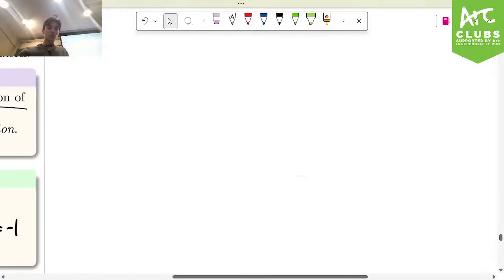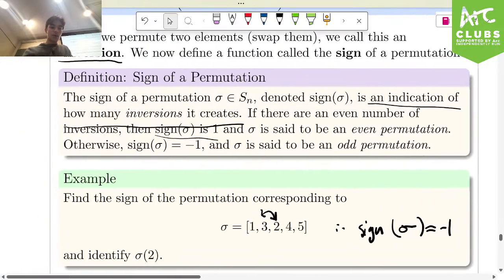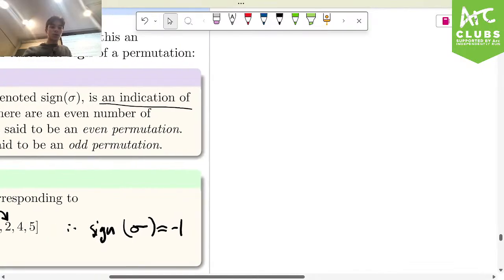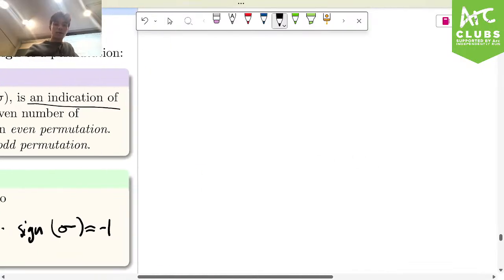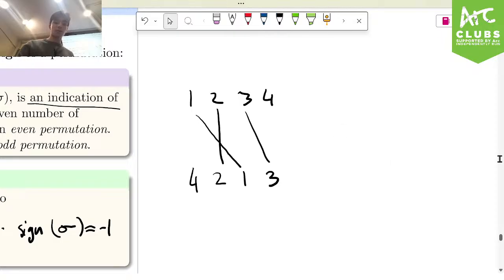Very quickly, I'll give you guys a very clever way to count the sign of a permutation or the number of inversions it creates. If we start with some set, say the integers from 1 through to 4, and we have some permutation, say 4, 2, 1, 3, something we can do is join all the corresponding elements of these permutations, right?